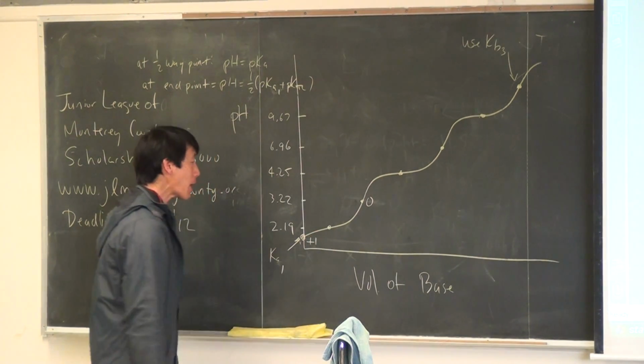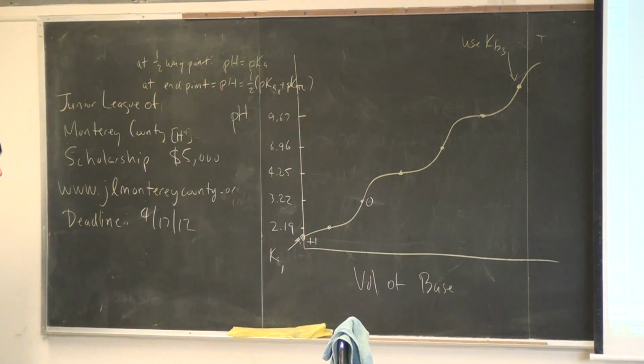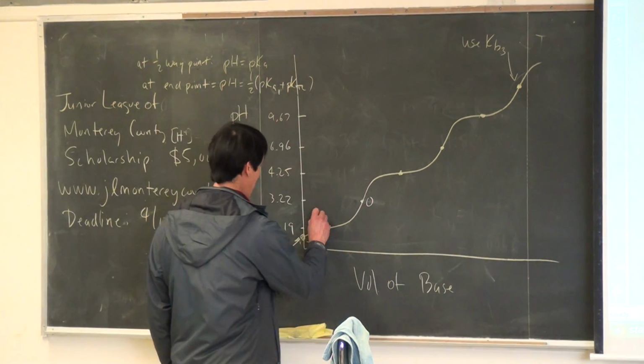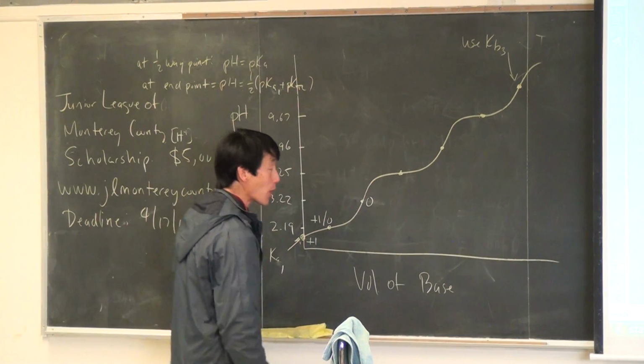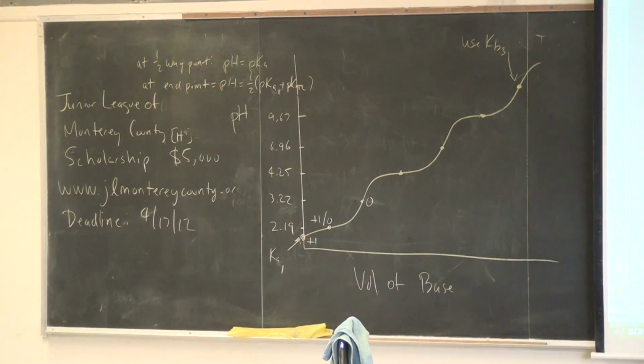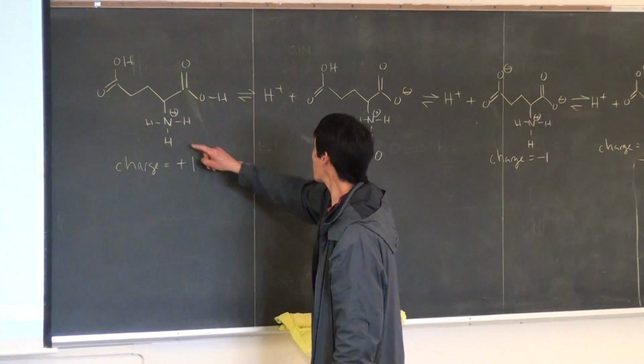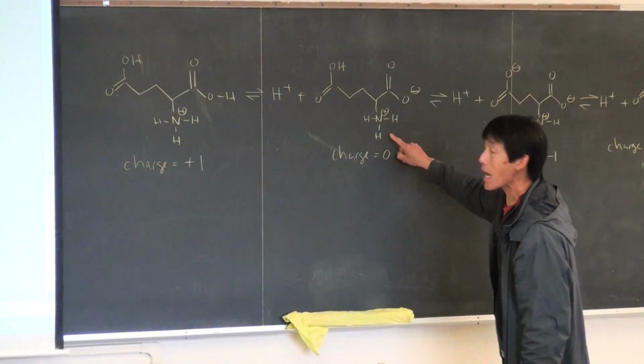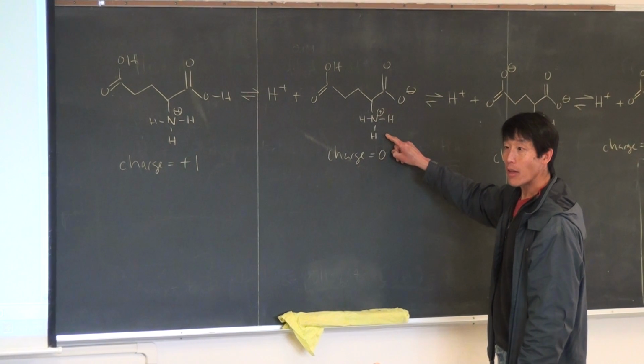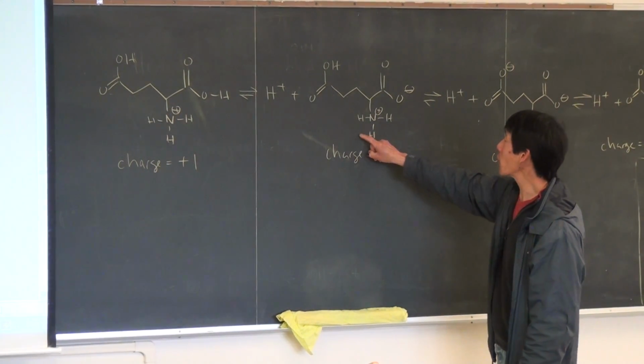At the first halfway point, what's going to be the charge on the amino acid? So half plus 1, half 0. In other words, at that first halfway point, we're going to have half of this substance and half of that substance present. Then at the first endpoint, we're going to have all of this substance present.